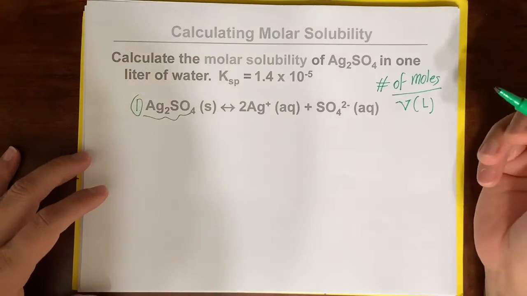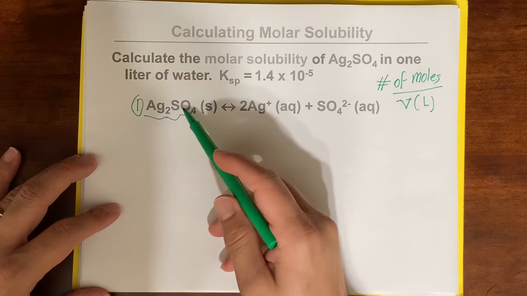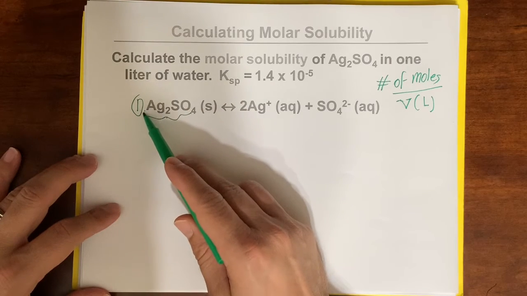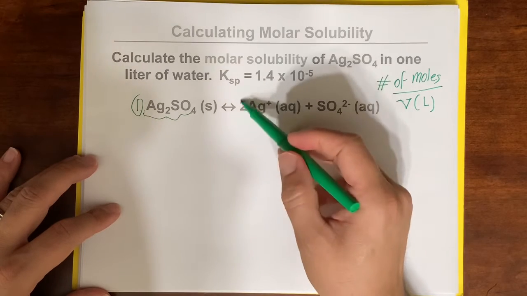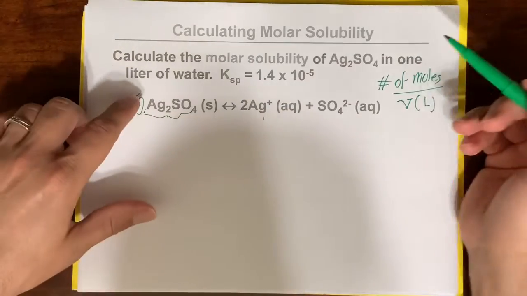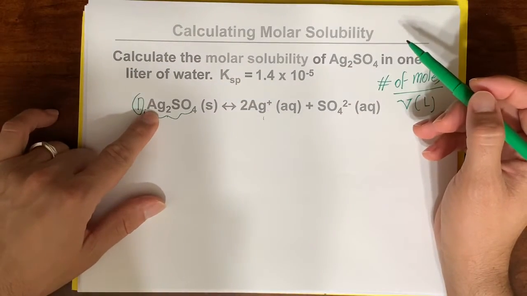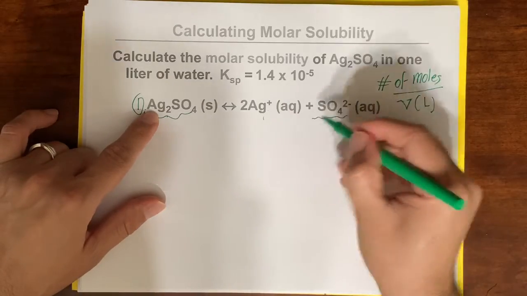Now look at this one. It says 1 mole of silver sulfate, so the coefficient is 1, and it will give you 2 moles of silver. If you know how many silver you have, you divide it by 2 to get the number of moles of silver sulfate. Or simply focus on the sulfate.